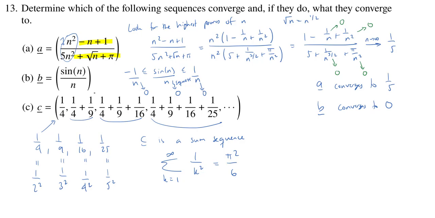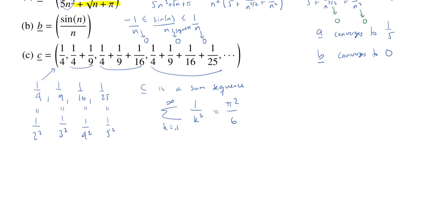Now, we're missing a term here. This one would start at 1/1, not 1/4. Well, that's easy enough to fix. Let's just pull out the k equals 1 term. So 1 plus, now we can start at 2, and this would still equal pi squared over 6.